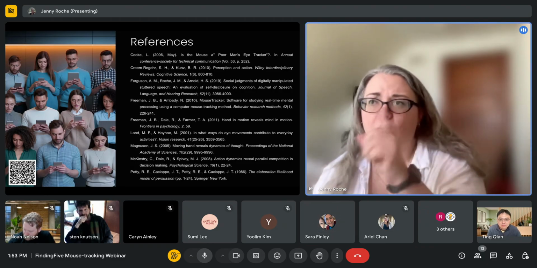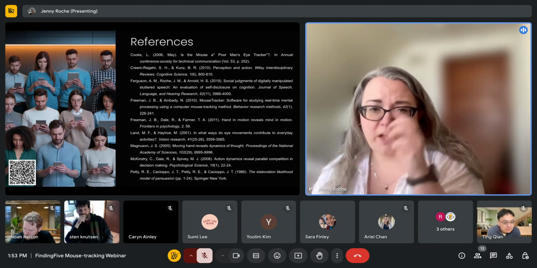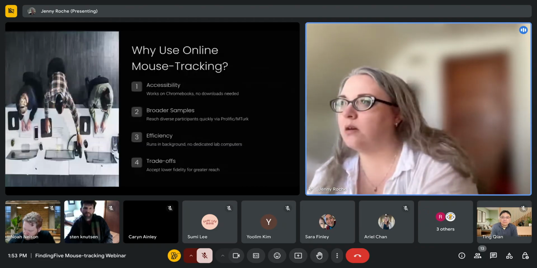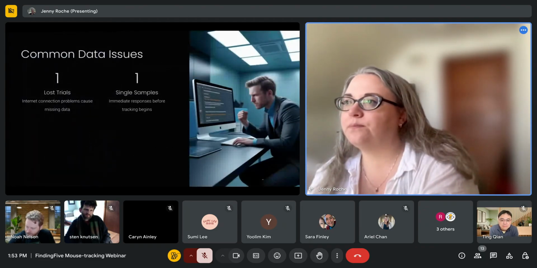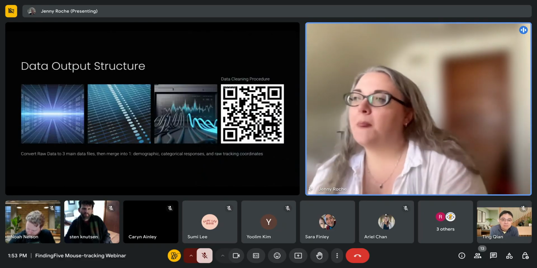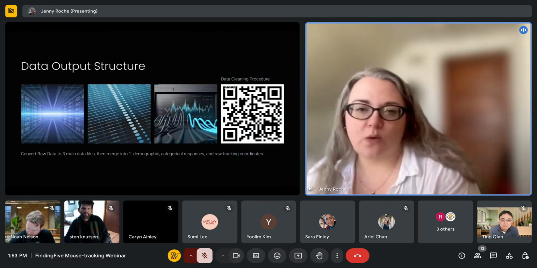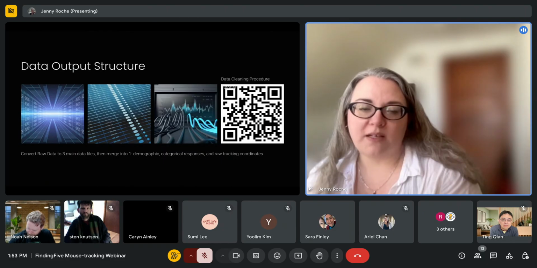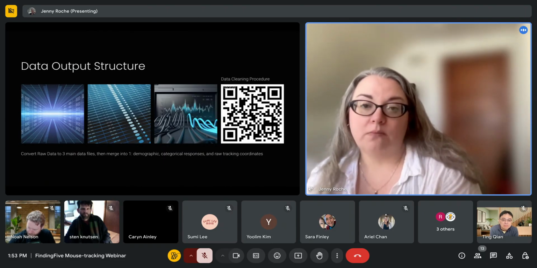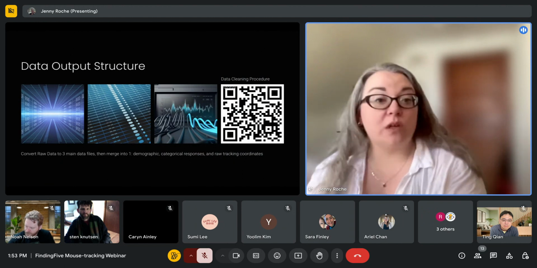I gave you guys a video. If you scan this QR code, it will bring you to the video for data cleaning and processing. But it's really not hard.